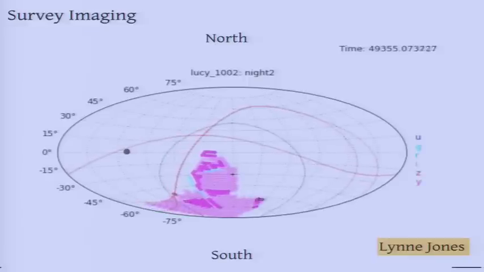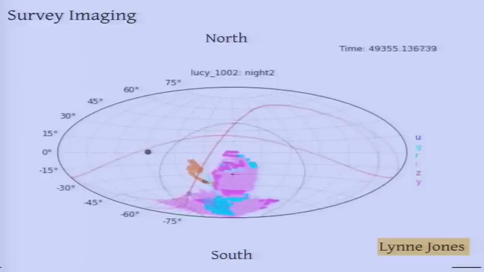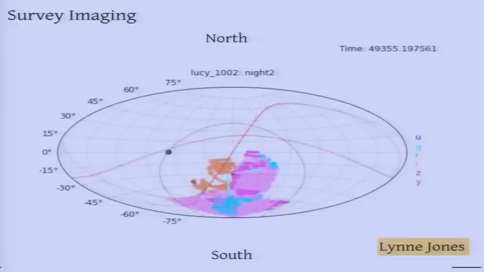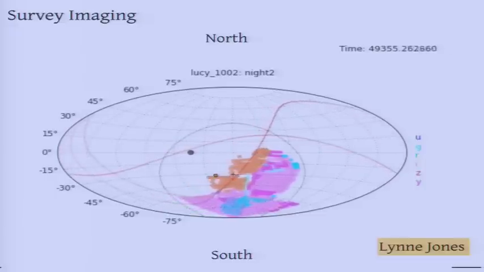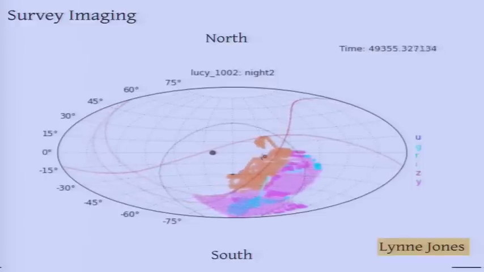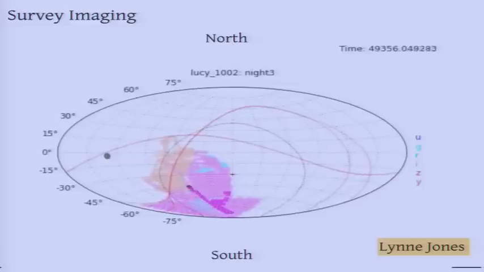Here's the third night, and you can see at this point we have tiled quite a bit of the available sky. This will all be done under computer control. There's no way you could have someone sitting figuring out where to take the next image every 15 seconds.